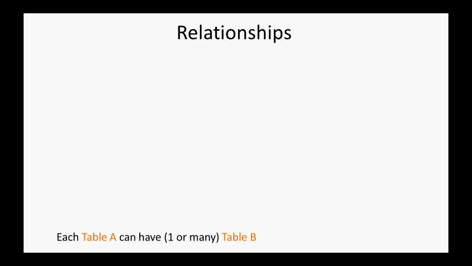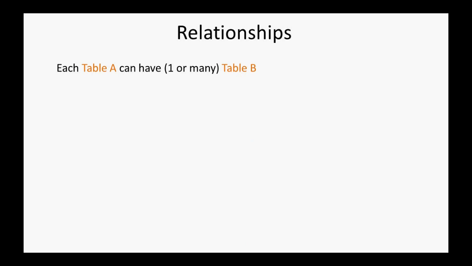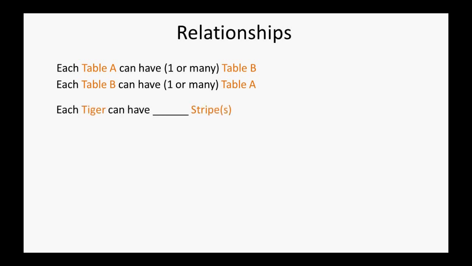If you use the phrase, each table A can have one or many table B, and then flip it around, each table B can have one or many table A, you will produce your relationship. For instance, each tiger can have many stripes.